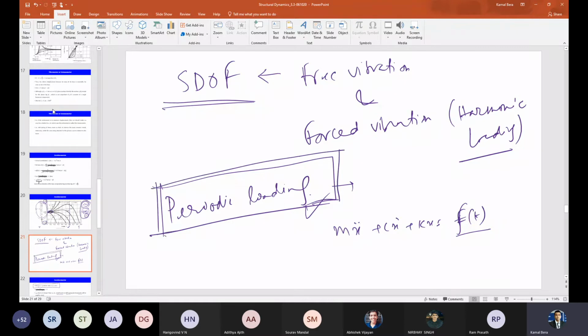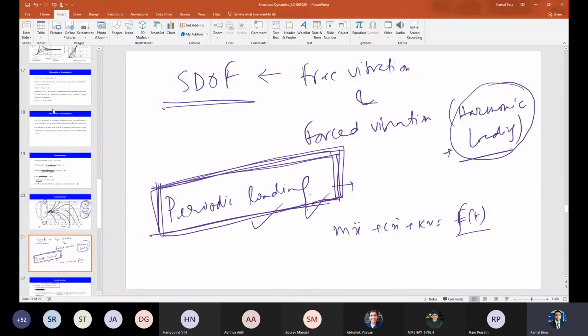Is there any mathematical theory coming to your mind so that you can represent the periodic loading as a combination of harmonic loadings? I am giving you the hint.